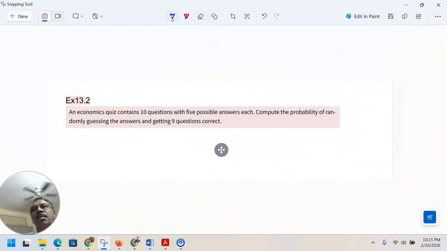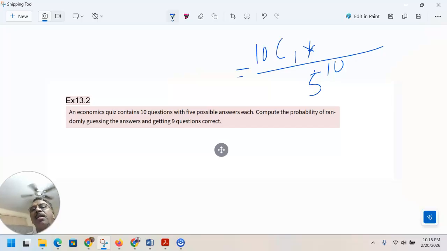Okay, let me write directly then. It was 5 raised to 10, and here you first selected 10C1 and then you selected 4C1.